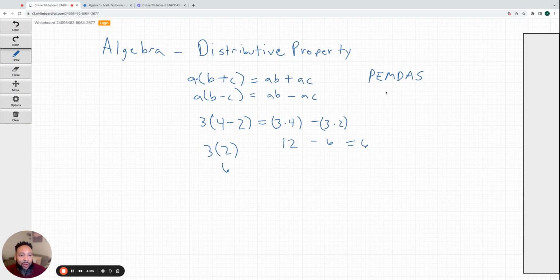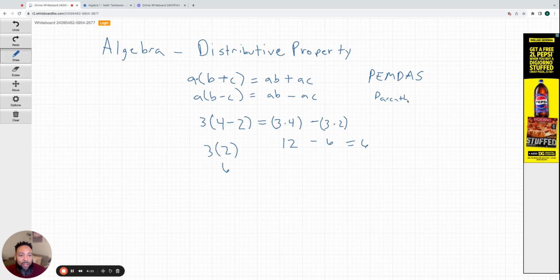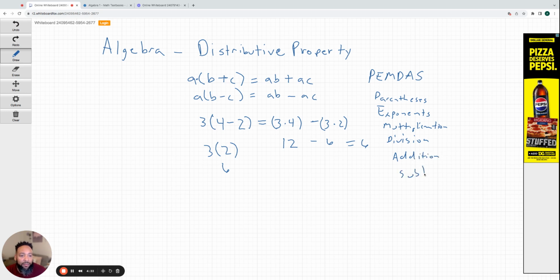PEMDAS. Basically what that is saying is you perform what's in the parentheses first, then exponents, then multiplication, then division, addition, and then subtraction.